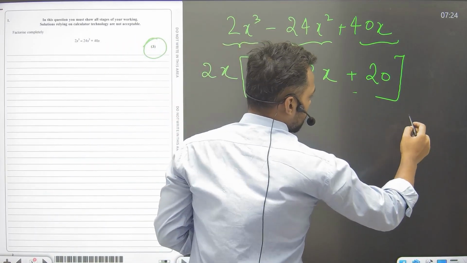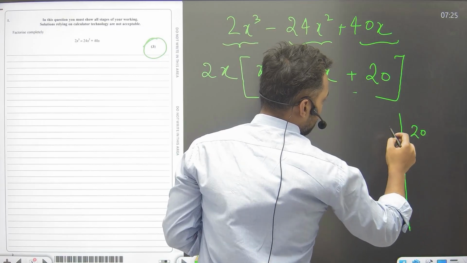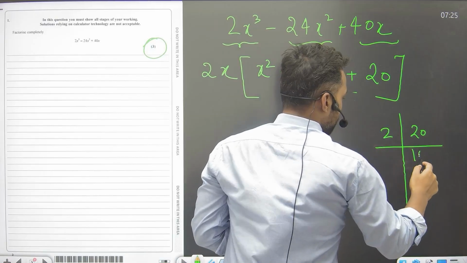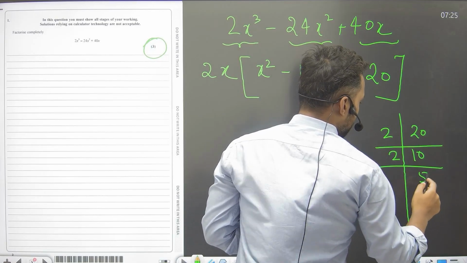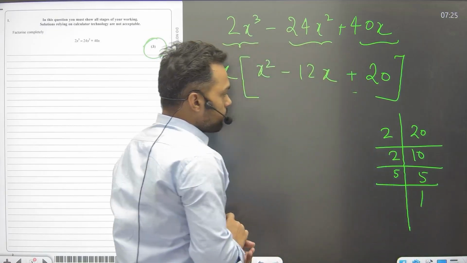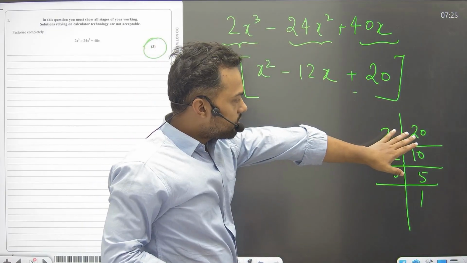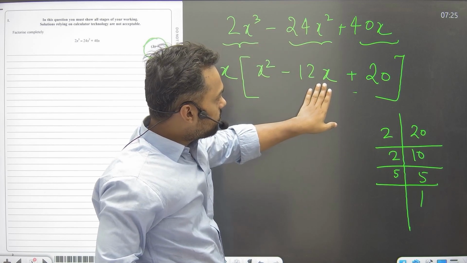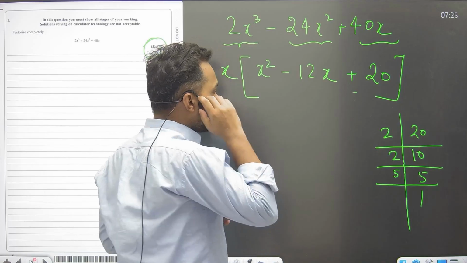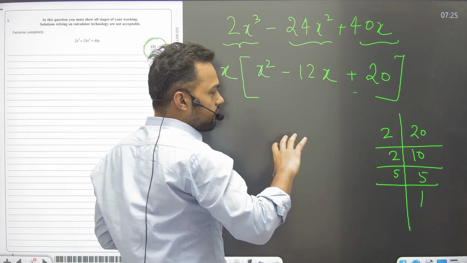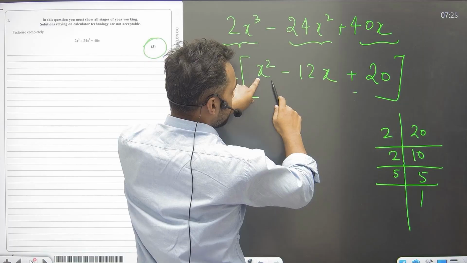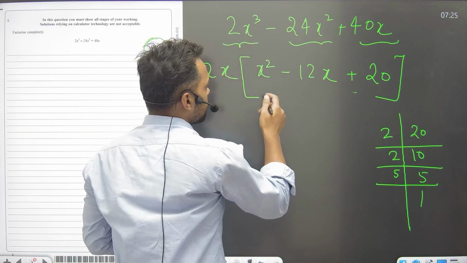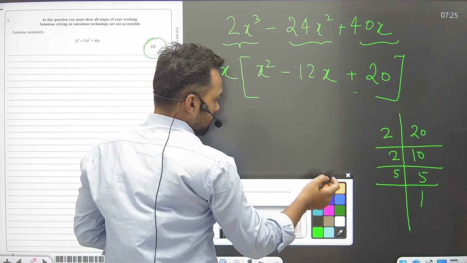We use the prime factorization method, which we have already discussed. I am taking the prime factorization of 20 and arranging the middle term in such a way that it is an addition or subtraction of the factors.